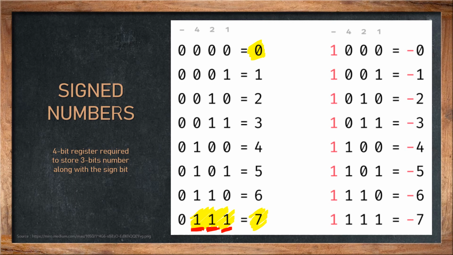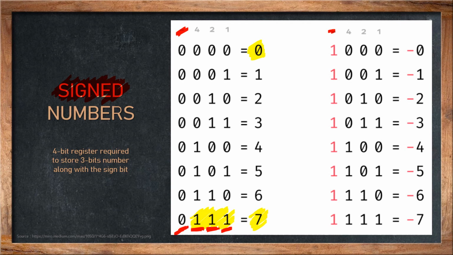But what if I want to store the numbers along with the sign, right? As you can see, here we have taken the negative signs and the positive signs. So to store these signs we need an extra location, and for that we require the fourth location over here.